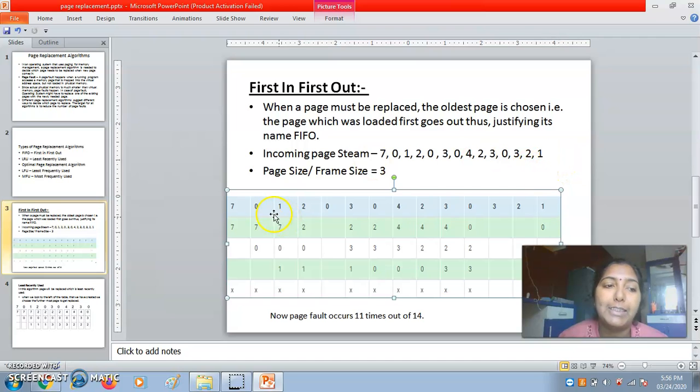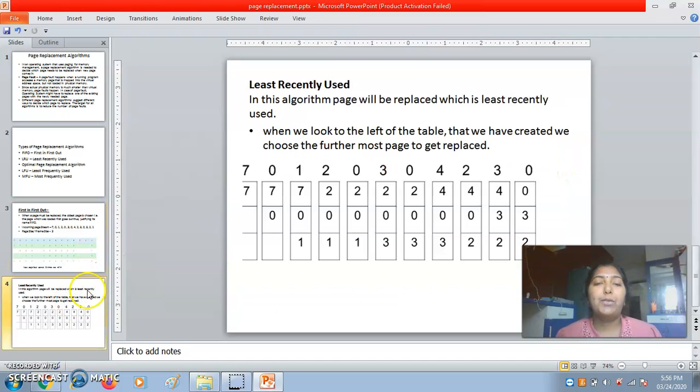Next, we will discuss the next page replacement algorithm, that is the least recently used page replacement algorithm. In this algorithm, we are replacing the frame which contains the least recently used page. And here we always have to look back at the page reference string from the left hand side onwards.